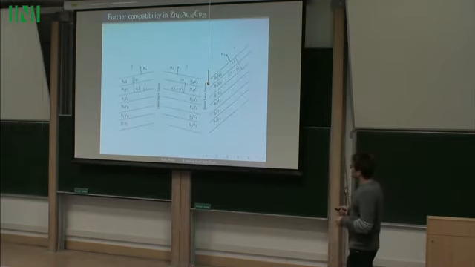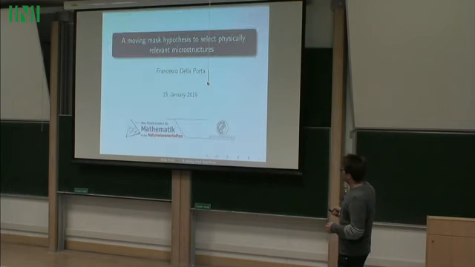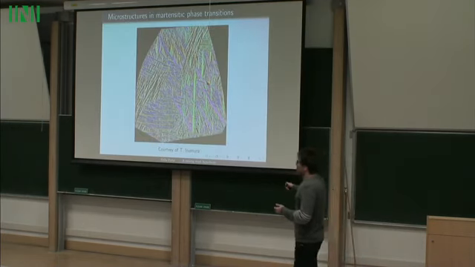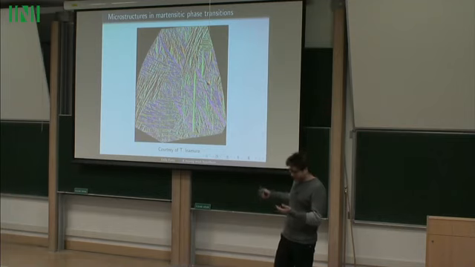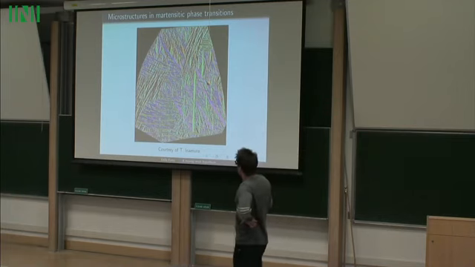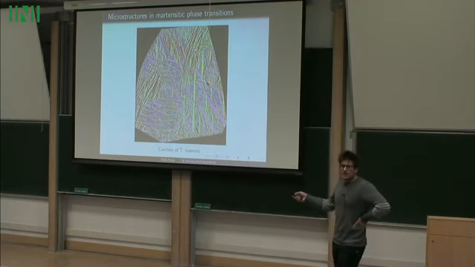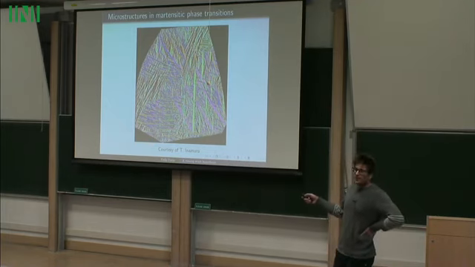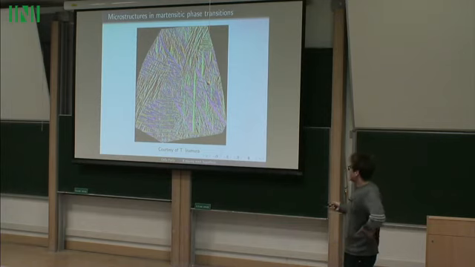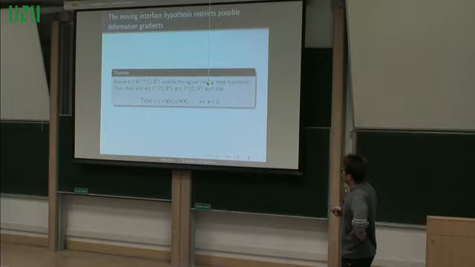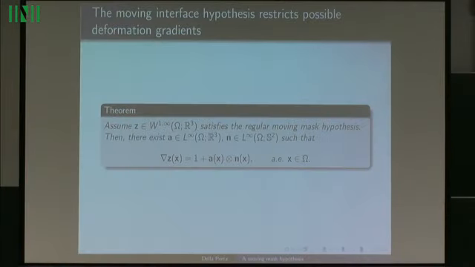But I think if you look at this very complex microstructure, you just see 12 colors here, and you can measure them, and you can see that there are 12 deformation gradients, which are very close to being of this form here. They are not exactly like this, but very close.